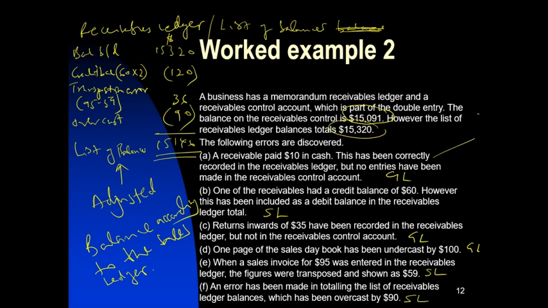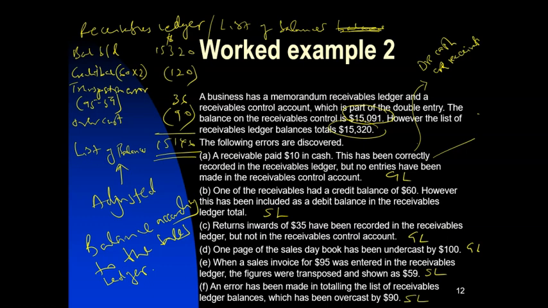The double entry should be, we debit the cash and credit the receivable. Debit cash, credit receivable.